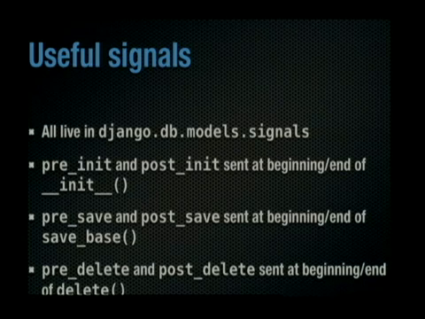Using these signals, you can actually figure out basically everything that happens to a model instance over its entire lifetime and reach in and mess with it if you want to. My first draft of comment moderation actually specifically listened for the pre-save signal coming out of a comment object as a way of knowing that a comment had been posted without having to monkey patch anything else in Django. So those are the types of useful things you can do with these.